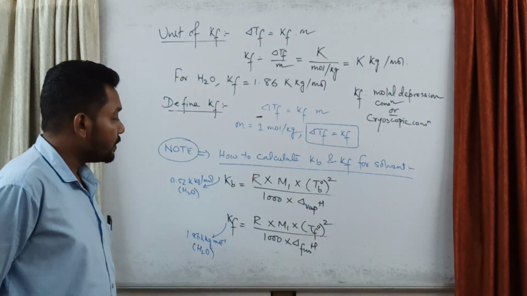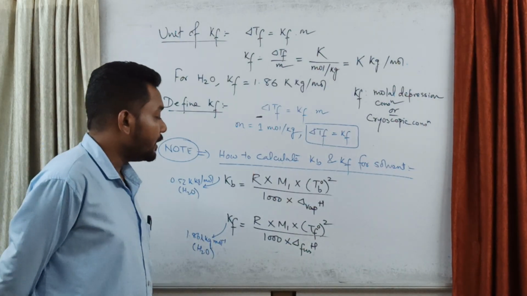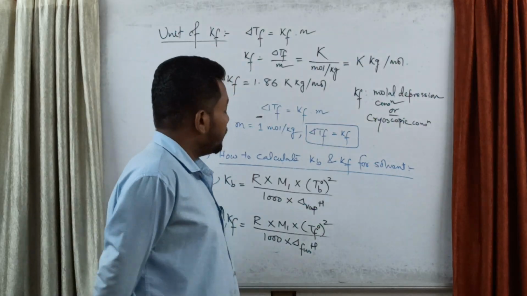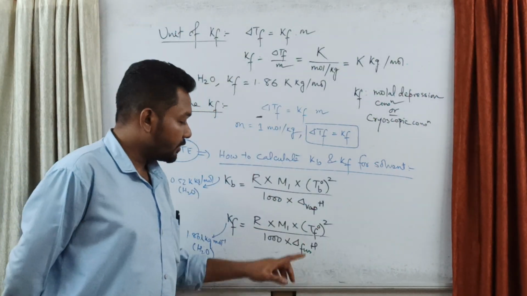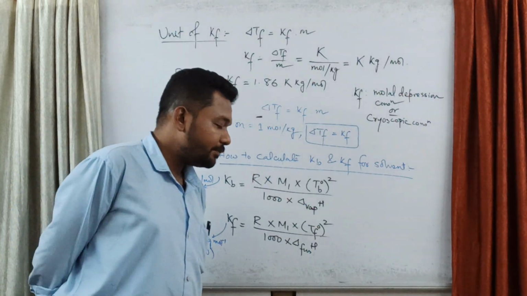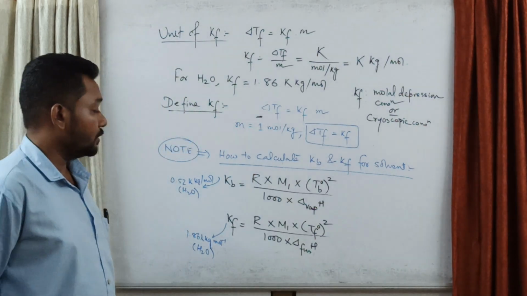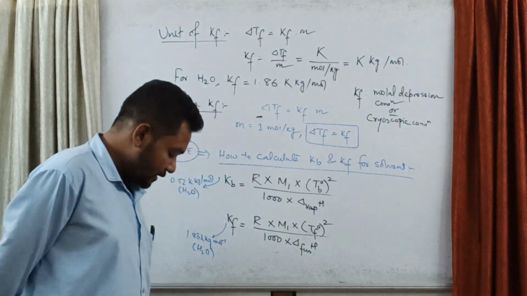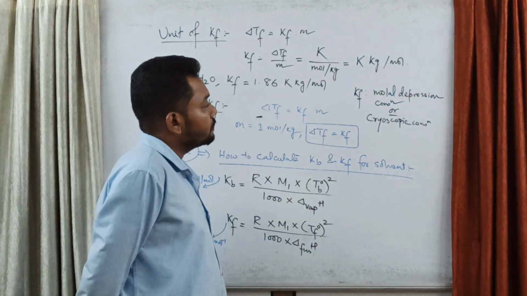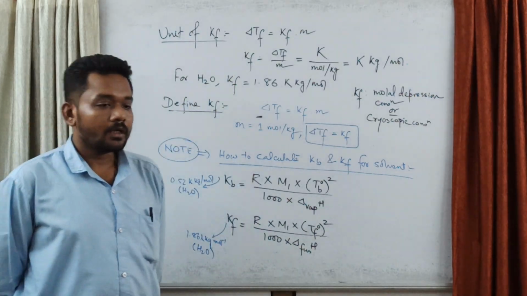Acha, next we go: delta vaporization heat and delta fusion heat are these two terms, heat of vaporization or enthalpy of vaporization and enthalpy of fusion of the solvent. বোঝা গেল?